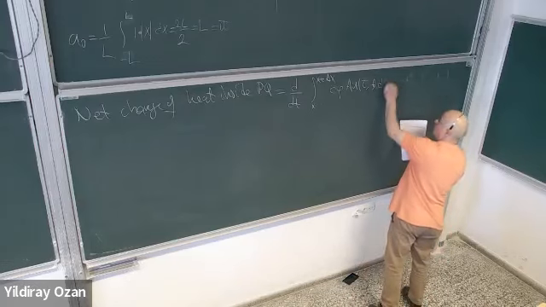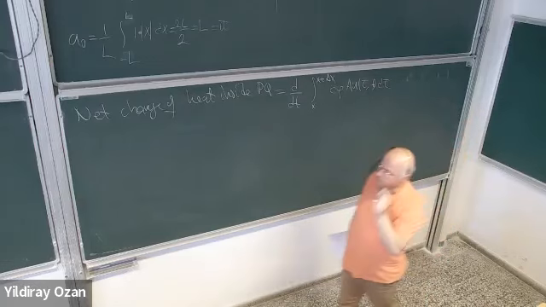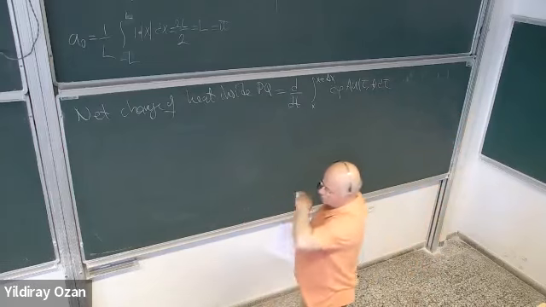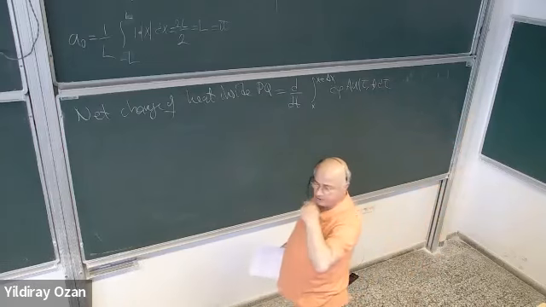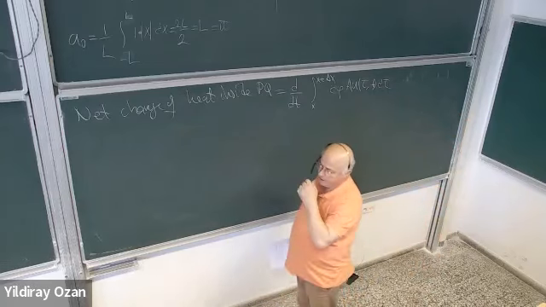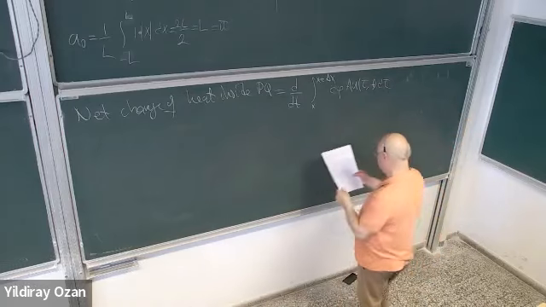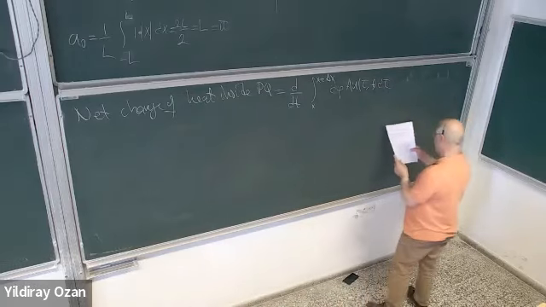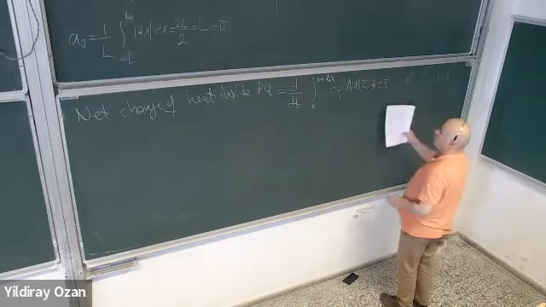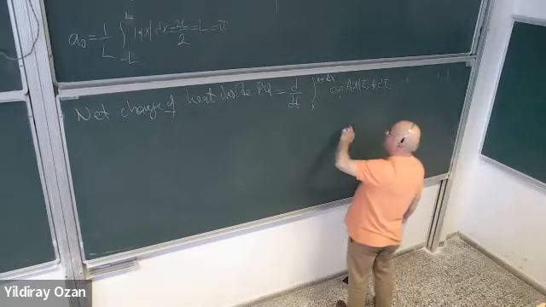The book wrote ds, but it should be d tau. We integrate with respect to tau, that is, we integrate in the x direction. Okay. All right. So what is the derivative of this?